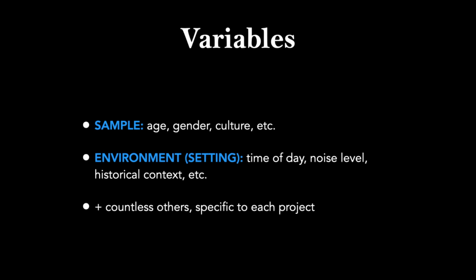So that's just a few examples of variables that might come up, but there are many, many variables to consider depending on the topic and the article you're evaluating or the study you are developing.